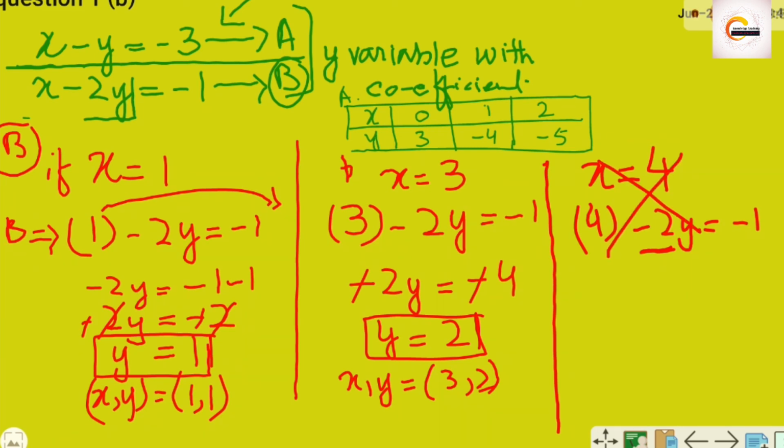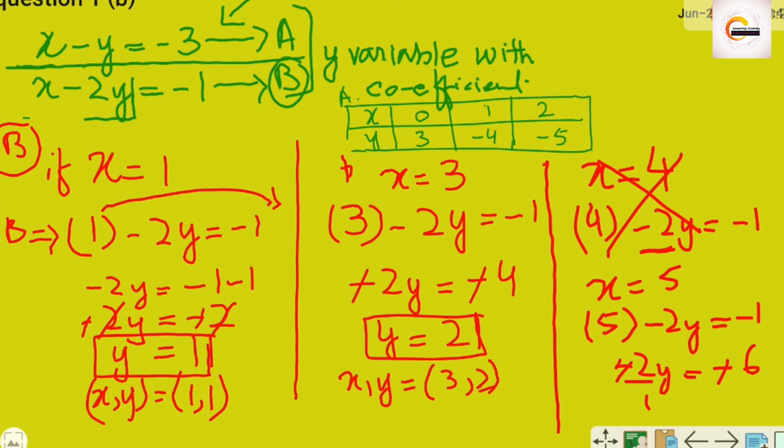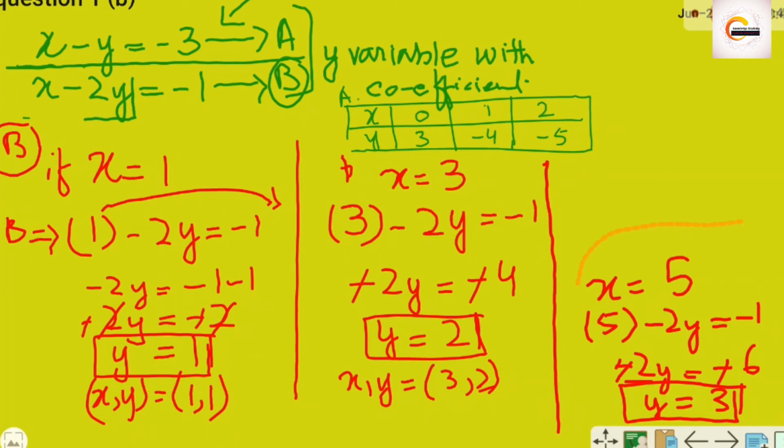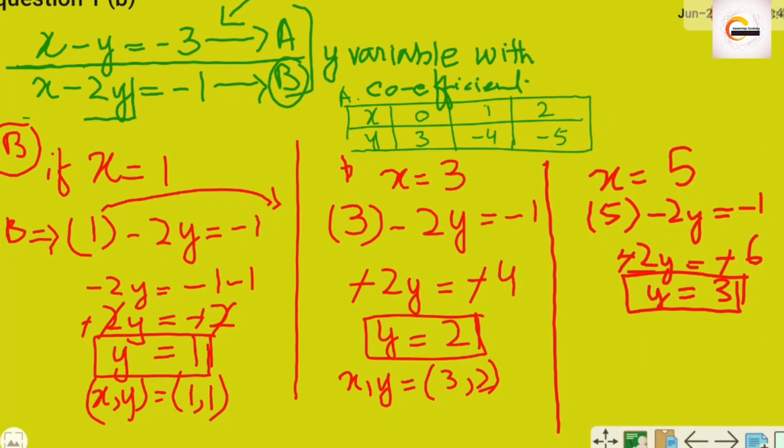I am going to see the next number, x is equal to 5. 5 minus 2y is equal to minus 1, and yes, 5 will go on the other side and become minus 6. 2y is equal to minus 6, and 6 is divisible by 2. Minus minus cancel, and y is equal to 3. So x comma y is equal to 5 comma 3, and I'm going to make the table of these three coordinates as well, and we will plot the graph and see where these two lines intersect each other.